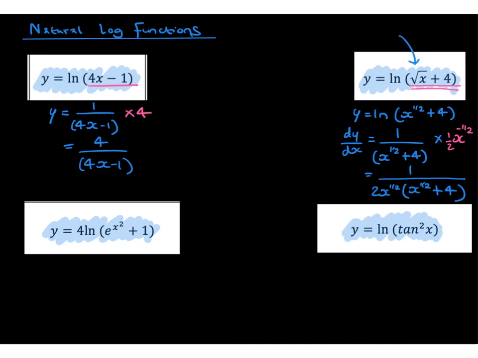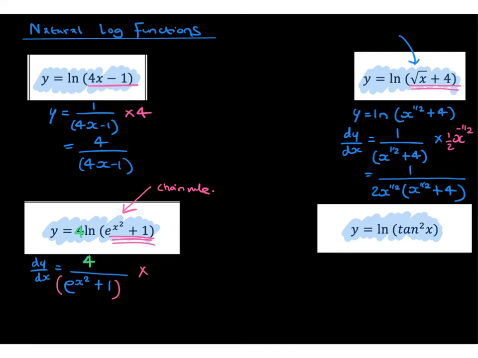Now, next question. dy by dx will start off being 4, because there's a constant multiplicative factor of 4 at the front here, over e to the x squared plus 1. And then we've got to multiply by the derivative of this inner function here, which means you need to access the chain rule again to differentiate e to the x squared. So this is layer upon layer of the chain rule.